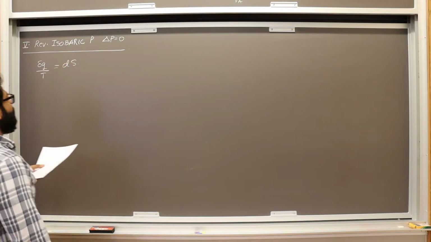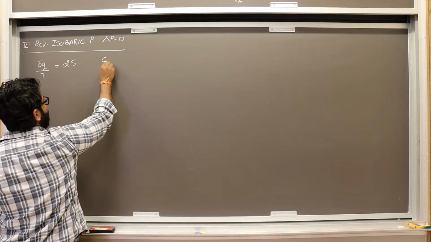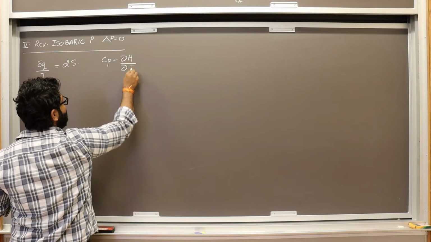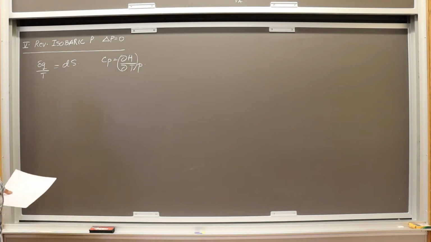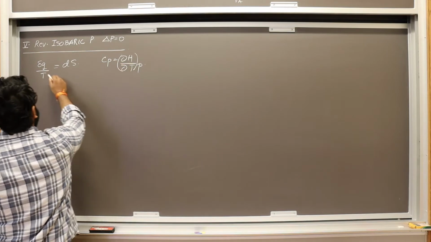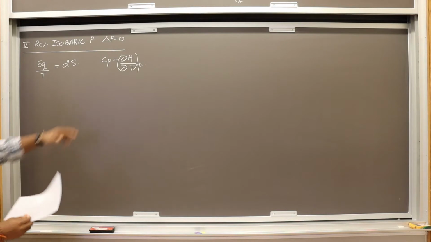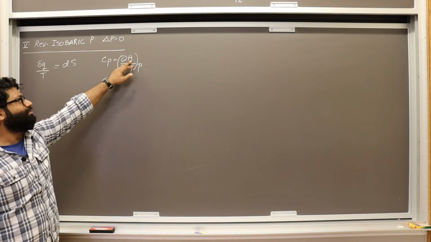And we have studied before that at constant pressure, in isobaric processes, we have an equation like this, okay? So del Q is basically the del H. So the amount of heat exchanged during an isobaric process is the enthalpy change.